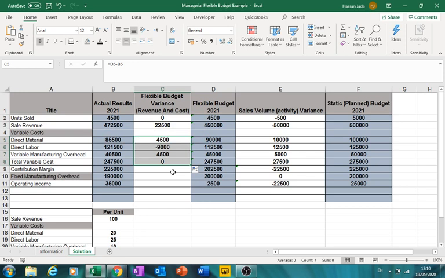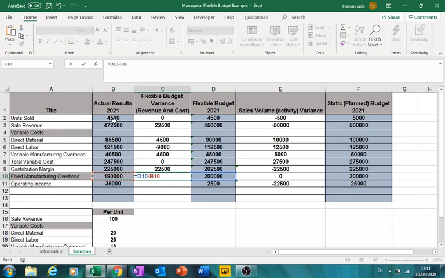Then we also have the contribution margin difference, equal to the contribution margin minus the contribution margin for the flexible budget, and the difference between fixed costs, equal to flexible minus actual result for fixed manufacturing overhead.